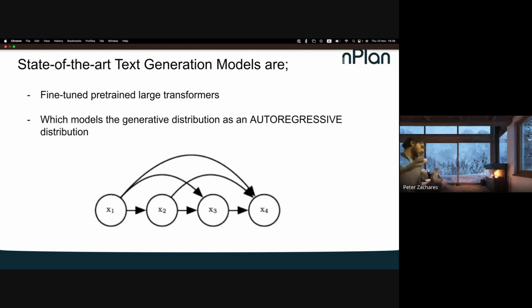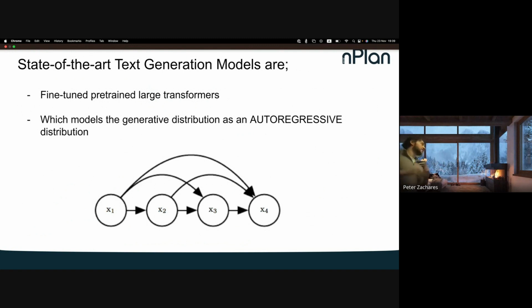Under the hood, you generate the first token, and then you condition your next token off of that generation. So you get the first token, then you generate the second token, and you condition off of these 2 to get the third, and you condition off of these 3 to get the fourth. What that means is that you're always taking into account everything that's happened before in order to get the next token.